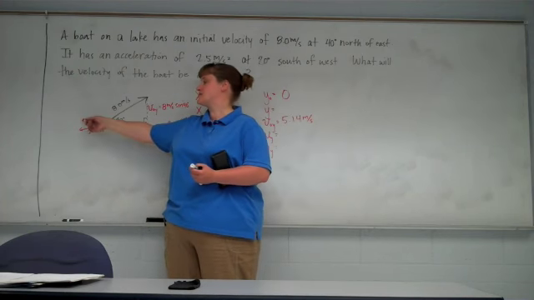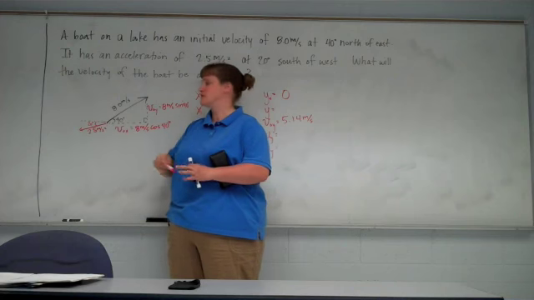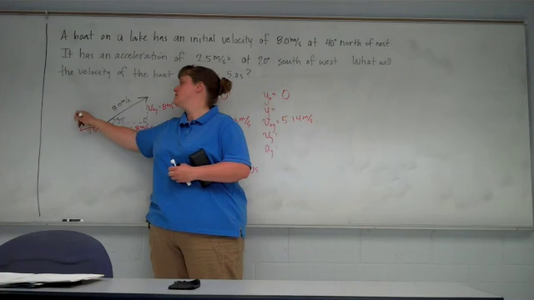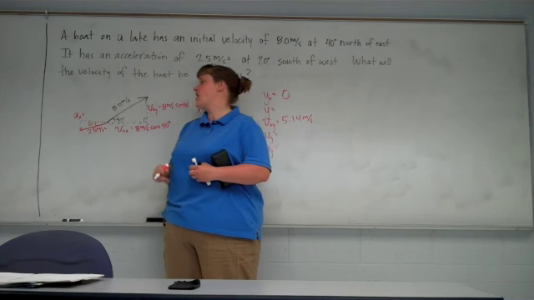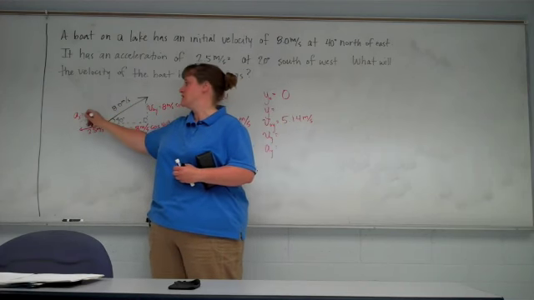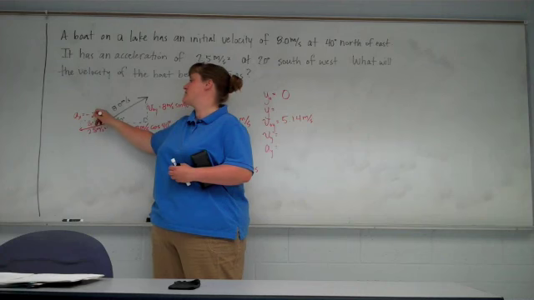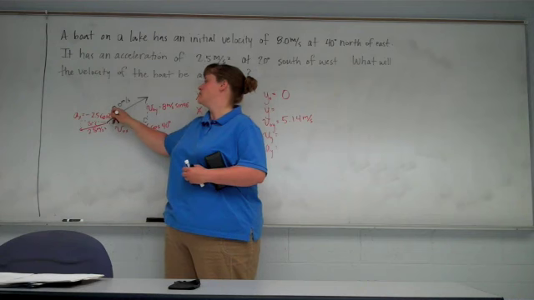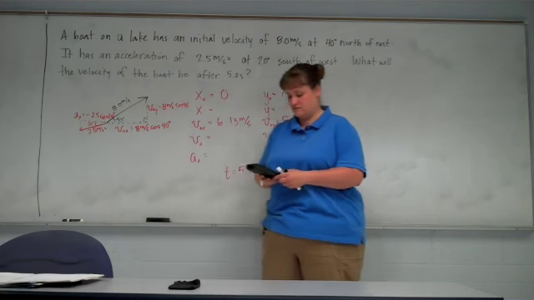Our acceleration this time has an X and a Y component. The acceleration in the X direction, the X component, is headed to the left, so it's going to be negative. So negative 2.5 meters per second squared times the cosine of 20 will be our acceleration in the X direction.